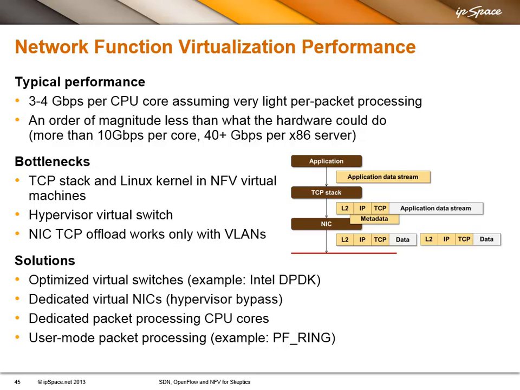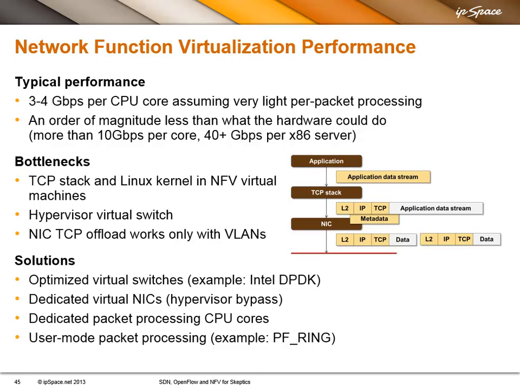This is assuming they do something very light. Stateful firewall, simple load balancer, you get approximately 3 to 4 gig per CPU core. The limiting factor is number of packets processed. So usually they would do the test using something like iMix. They don't want to use small packets when doing these tests.